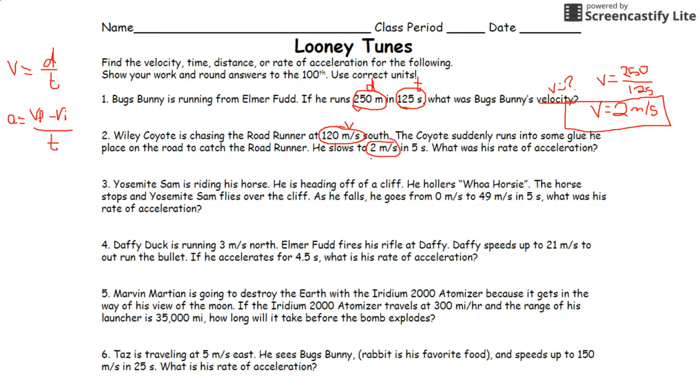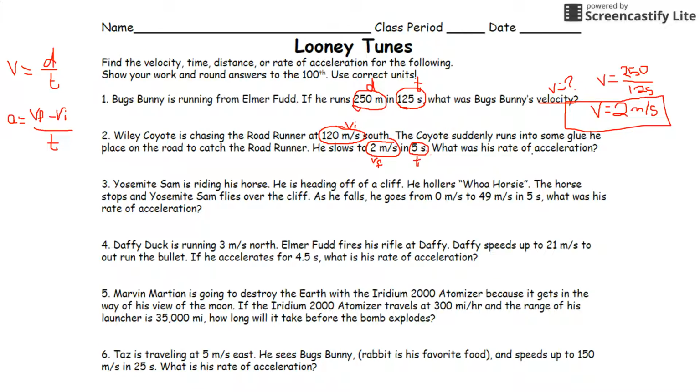That's also a velocity. If I look at these two velocities, I can tell from this little story that this is the velocity he's going at first, so it's the initial. This is the velocity that he ends up going. It's my final. And he slows down that much in 5 seconds, that's a time.